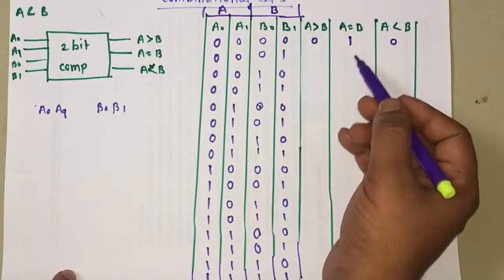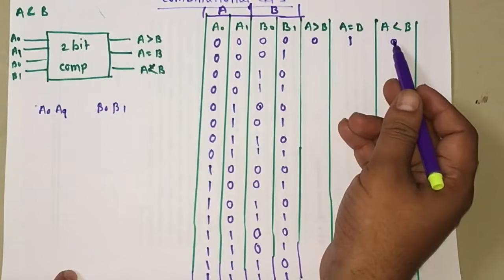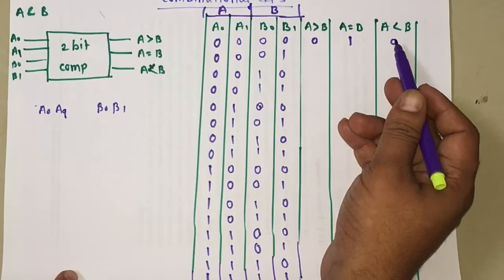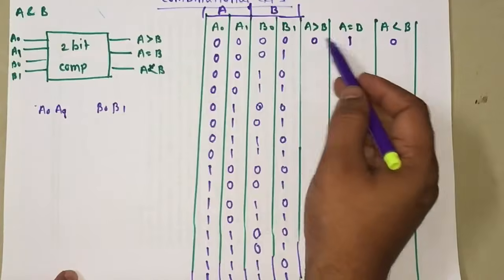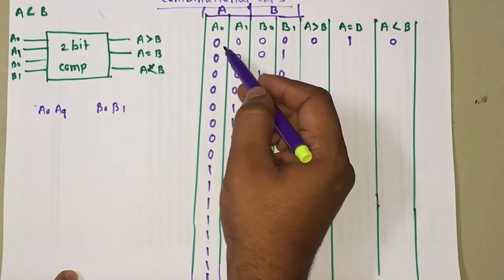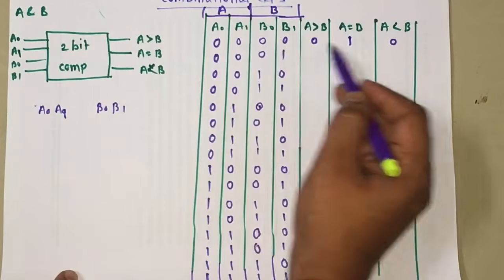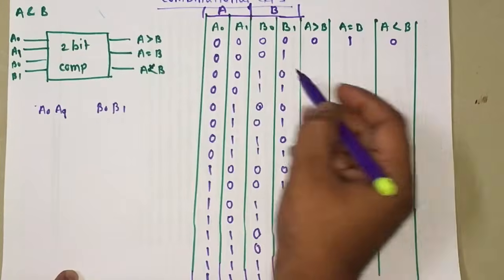In the last lecture I told you that on the position where the condition is true, we have to put 1 and the remaining are 0. Which condition gets true here? Both numbers are 0, 0, meaning both are equal. So the equal output is 1 and the remaining are 0.